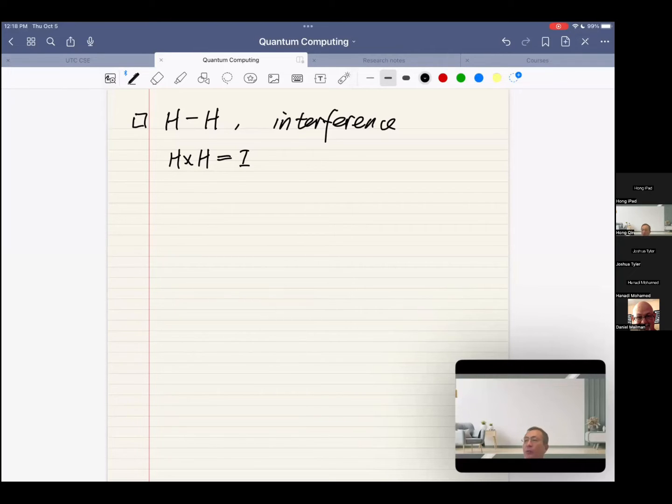When we dig in and explain in more detail, we will find this is also an example of quantum interference. So we can verify the Hadamard gate applied twice is the identity transformation just by multiplying.